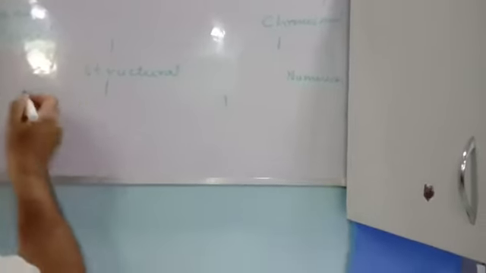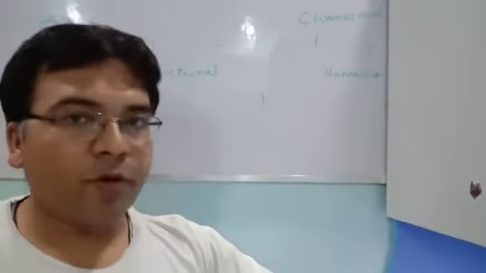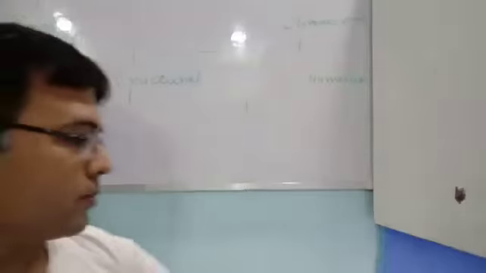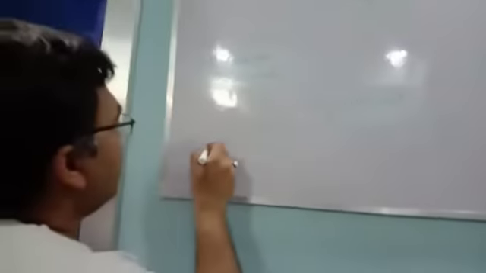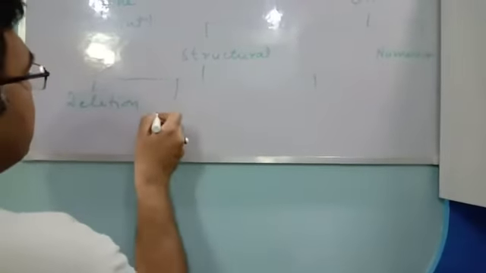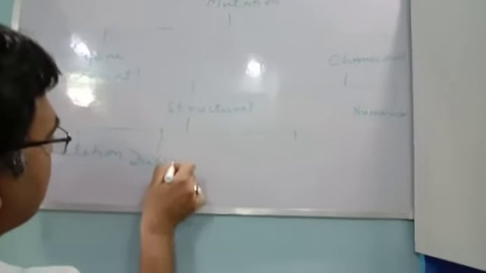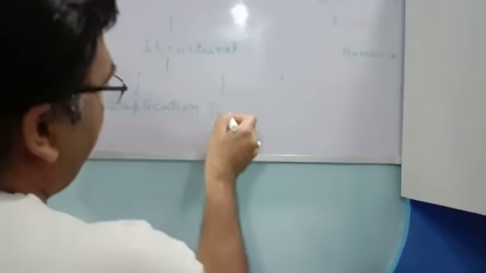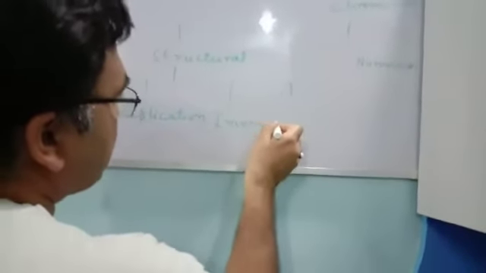If there is a deletion in any part of the chromosome, it can cause changes at the level of chromosome, and this can be called deletion, whereas the second one is duplication, the third one is inversion, and the fourth one is translocation.